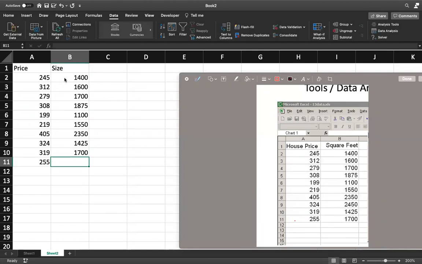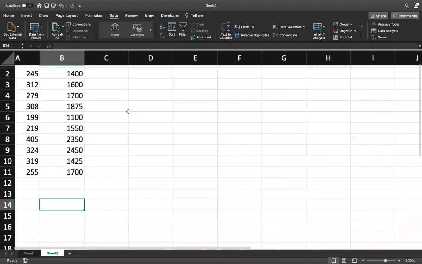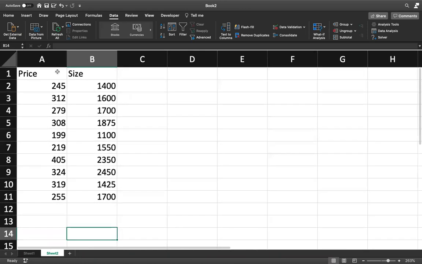Okay, so I missed something. 1400, 1600, 1700, 1875, 1100, 1550, 2350. There's 2450, which I missed. So we have that available here, the price, and then the size of the house.